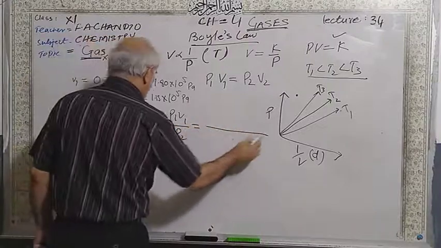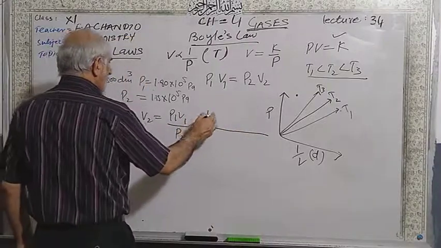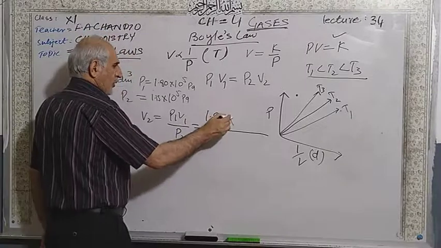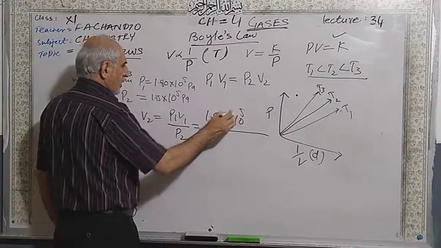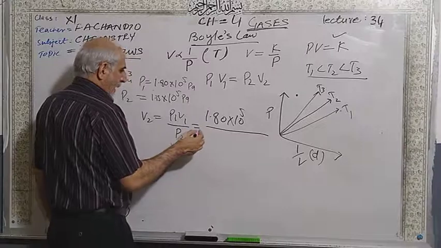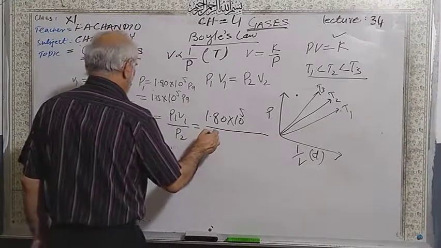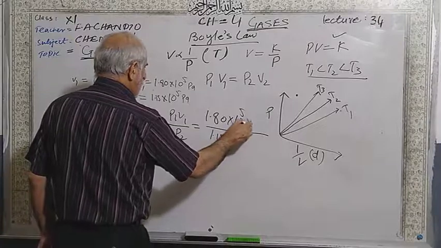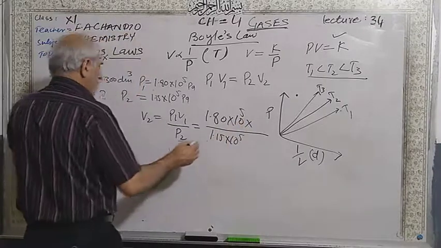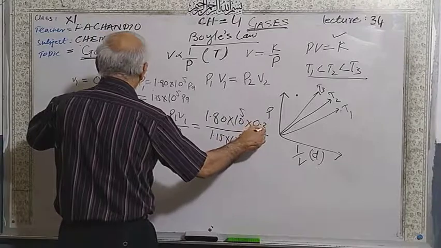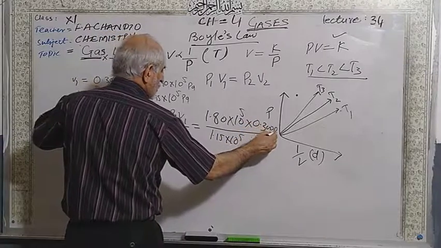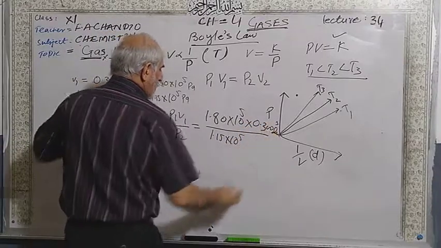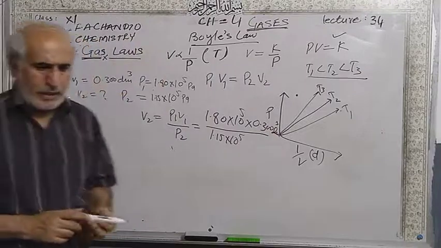If you put the value of P1, 1.80 into 10 raised to the power 5, divided by P2, 1.15 into 10 raised to the power 5, multiplied by V1, 0.30 decimeter cube, then you will get the answer.